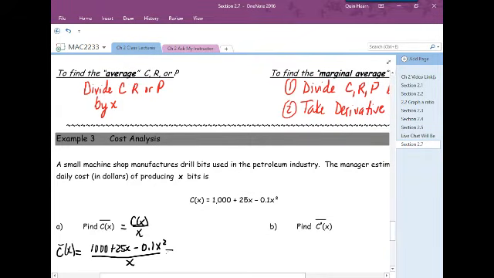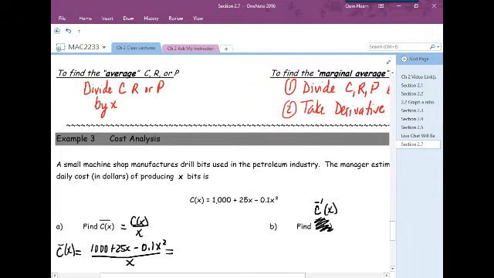So if we want to find the marginal average cost, which is C bar with a prime, we want to find the derivative of this.